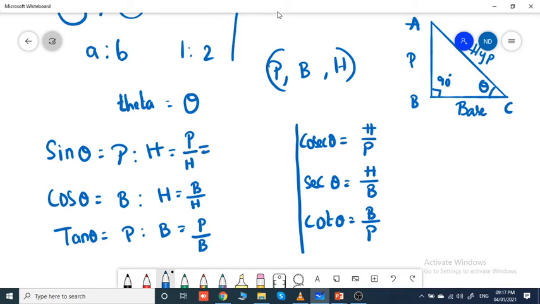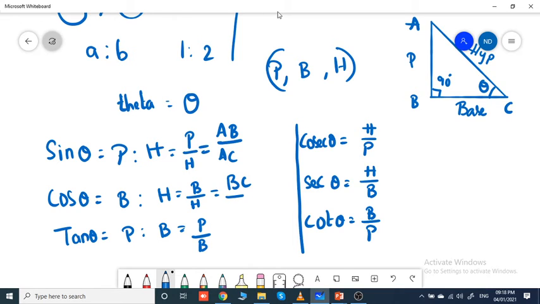So what is P here? P is equal to AB. P is perpendicular. It means AB by base. H is AC. Again, after that B. What is this? Base. Base means BC.